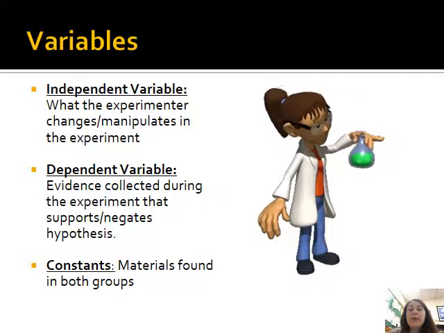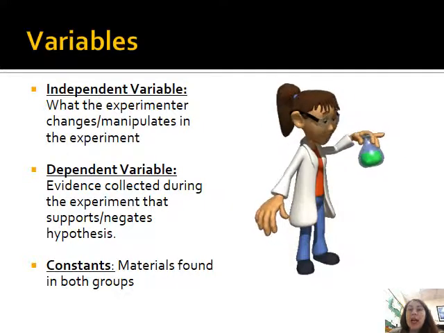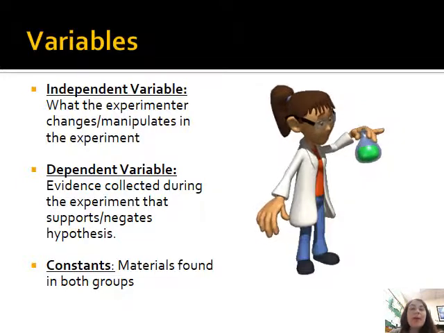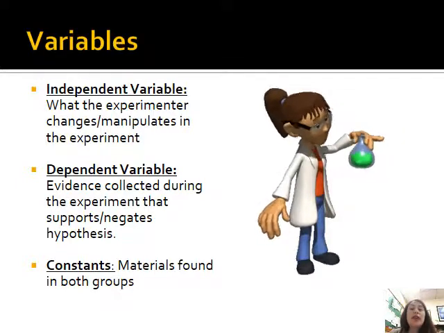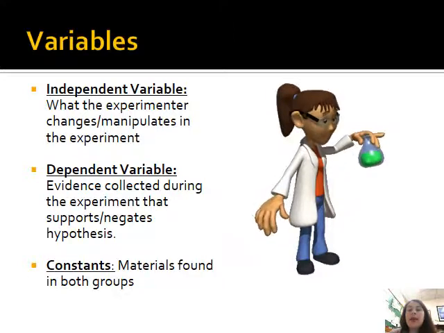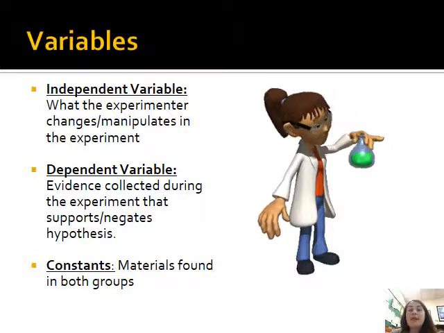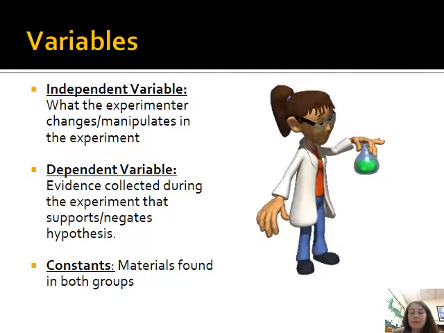The dependent variable, D for data. What type of data am I going to collect? How am I going to measure how this change has affected my experimental results? The constants are going to be variables that are found the same in both groups.